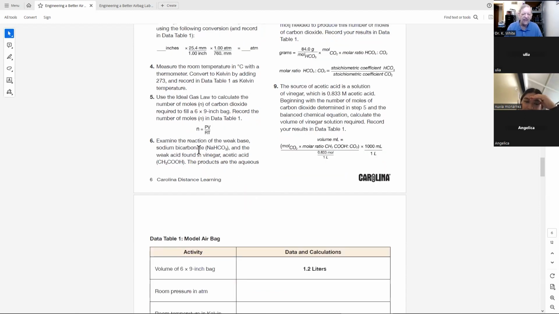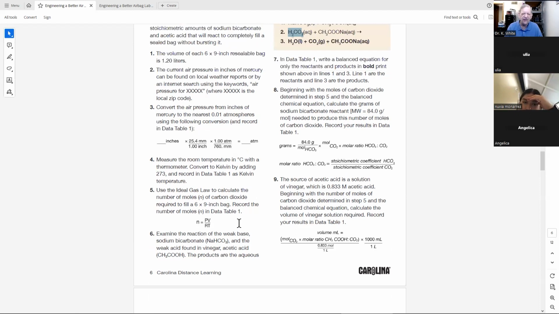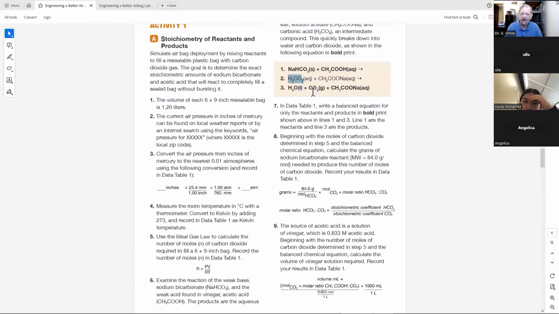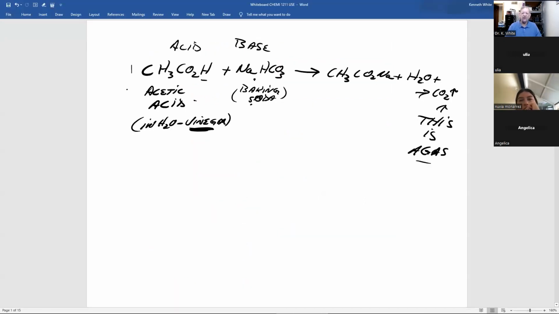All right. Now, if you look at the reaction, and let's look at mine. This is a balanced chemical equation. And for every 1 mole of CO2 produced, you need to react 1 mole of the vinegar, acetic acid in the vinegar, and 1 mole of the sodium bicarbonate.